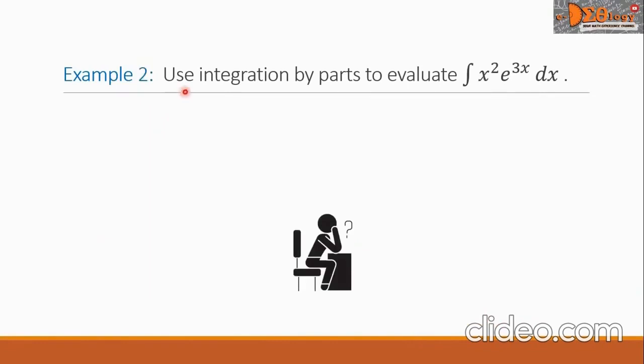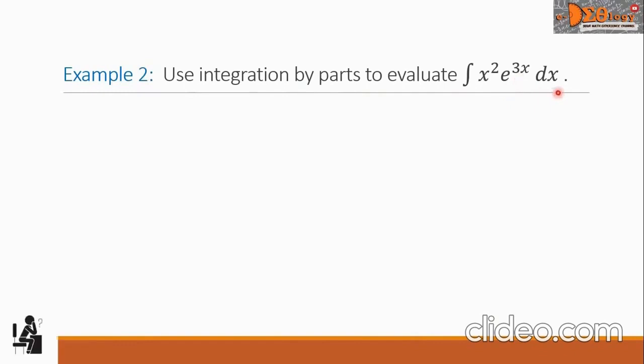Example 2. Use integration by parts to evaluate the integral of x squared times e raised to 3x dx. For our solution, we go to step 1. Let us choose u and dv. Let us identify the category of our functions here.